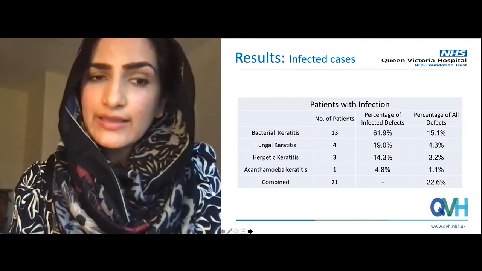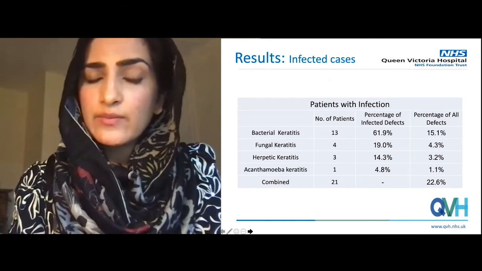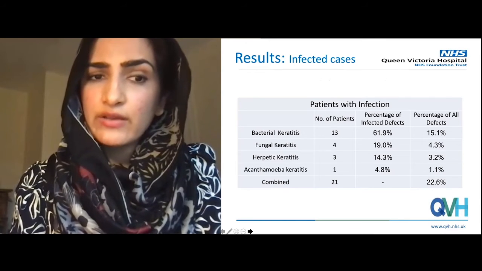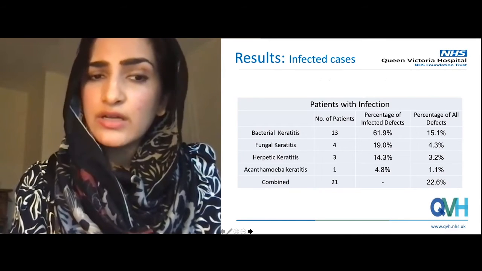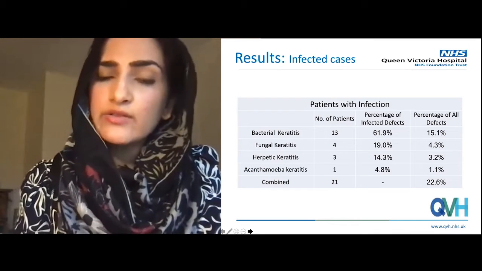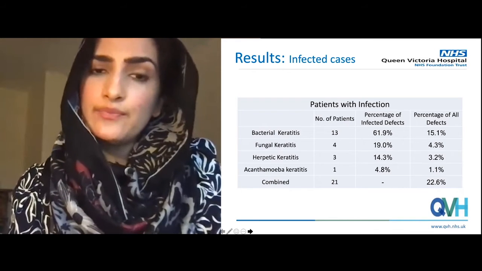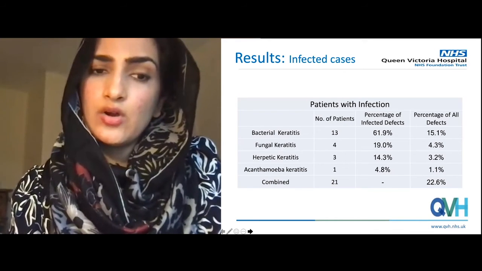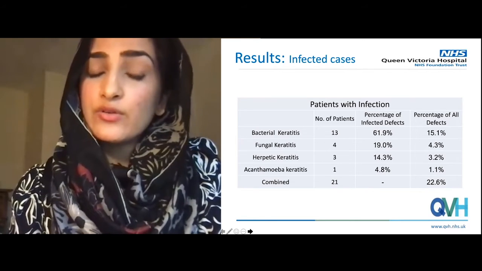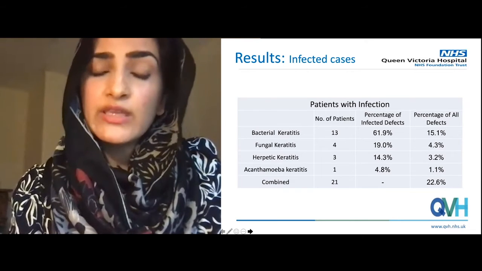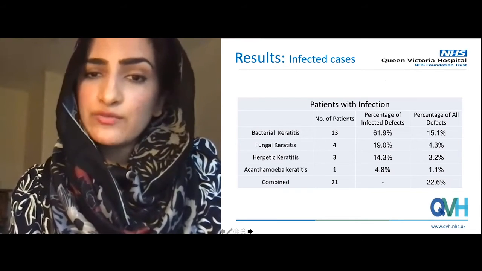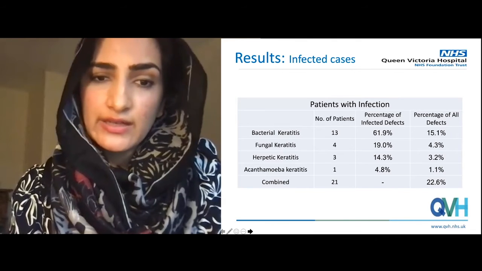Looking at the infected case series, we had different etiologies of infective keratitis, including bacterial, fungal, herpetic, and acanthamoeba keratitis treated with OmniGen and OmniLens for their persistent epithelial defects following initial treatment with fortified antibiotics, antivirals and antifungals.